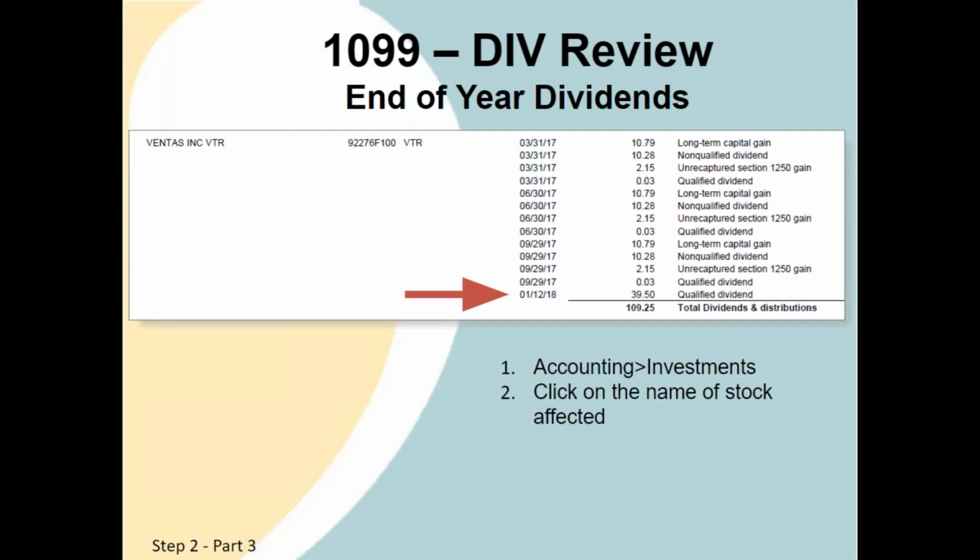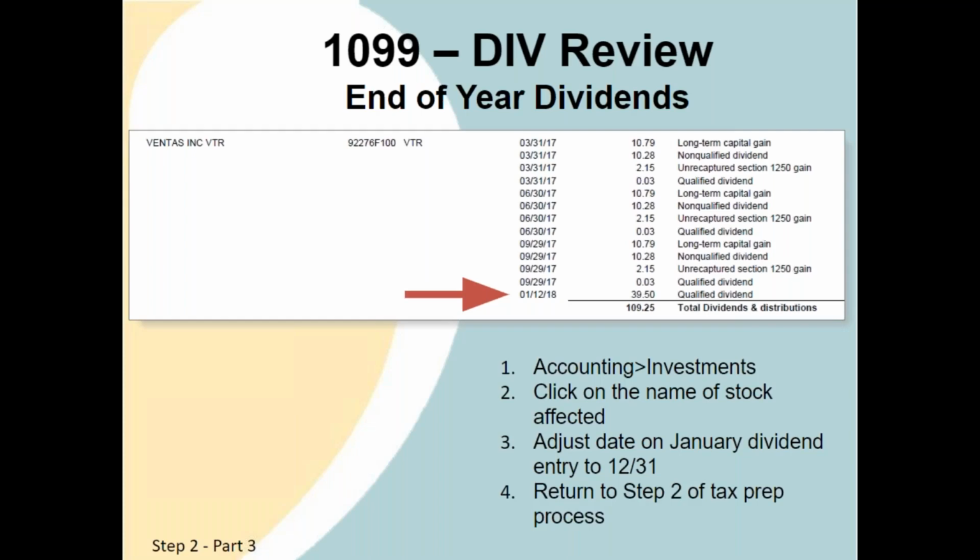Click on the name of the stock paying the dividend. Select Edit next to the entry affected and change the date on it to 12/31 of the reportable tax year. You can then return to step 2 of the tax prep process and continue. You should now see the dividend listed on the 1099 DIV review form, and the totals for the company in question should agree with the 1099.